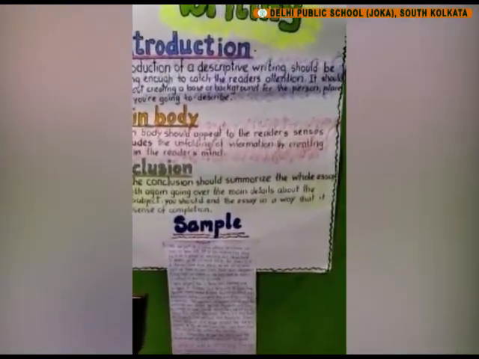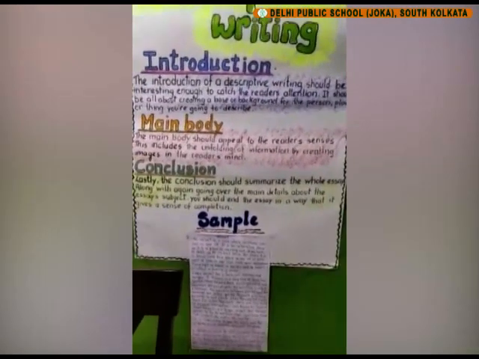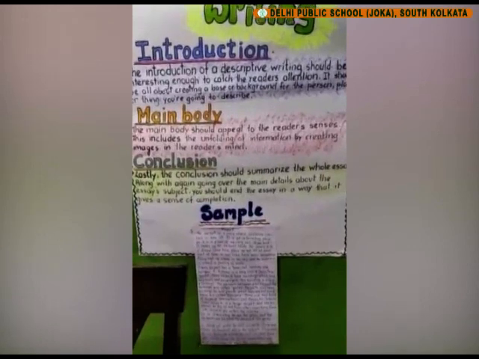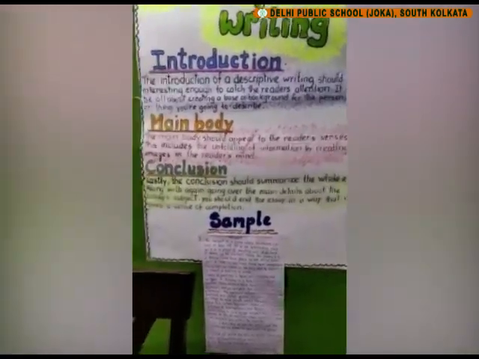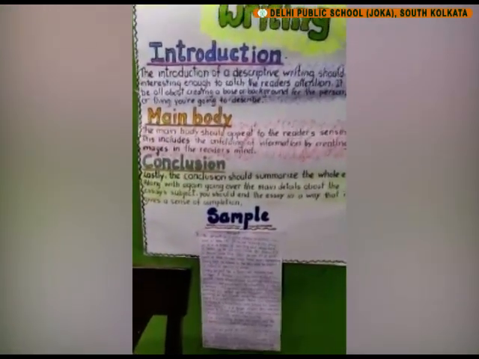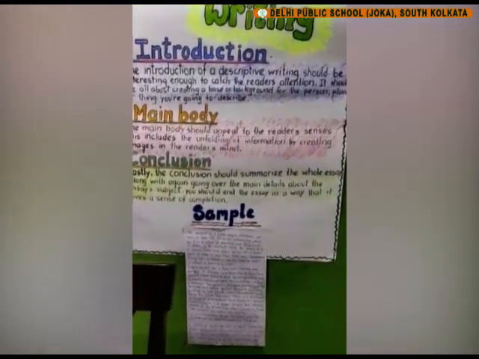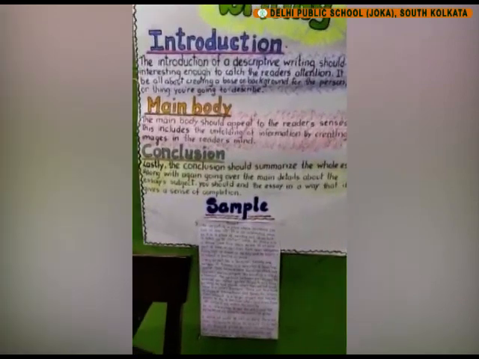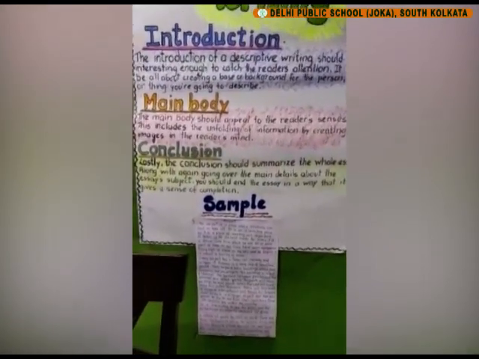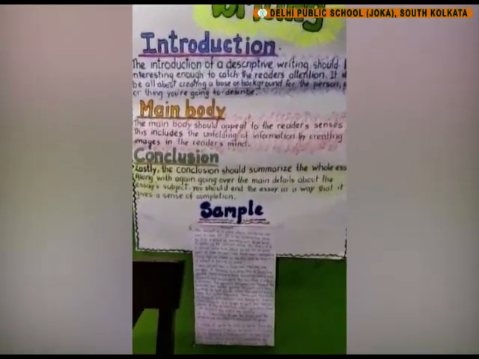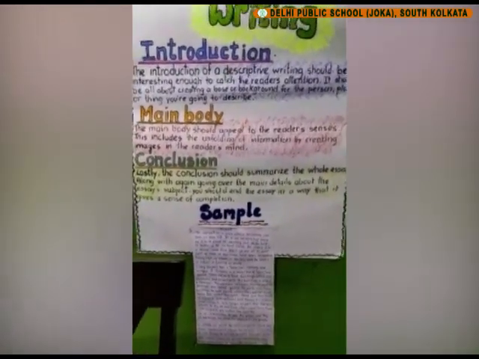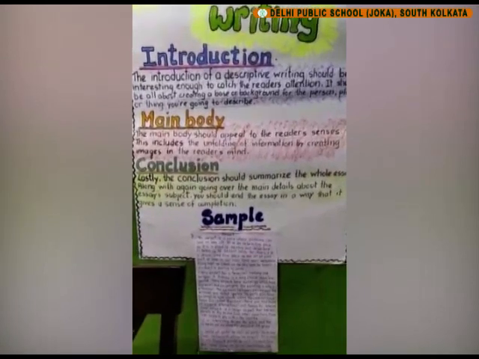For example, if you're describing a house, instead of simply saying the house is so and so in shape and looks like this, you can give the minute details of a house. For example, the interiors of the house, the paint, the color of the house, the roof, the design of the roof, the designs of the doors and windows, the little garden around the house, the little gate that leads to the house. All these things together will create images in the reader's mind.